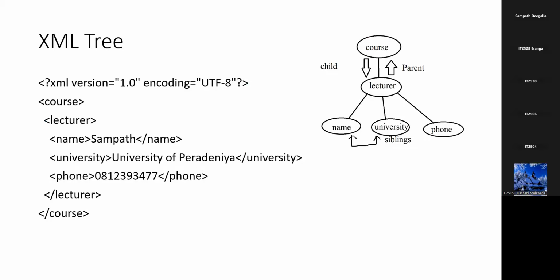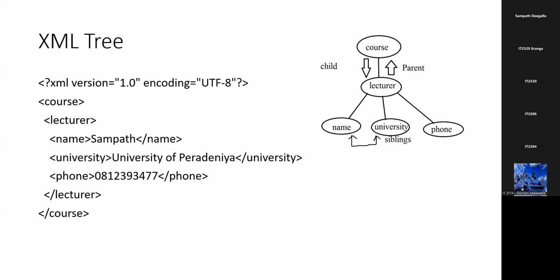Right. Now remember, when you are creating XML tags to store structured information, we normally use a hierarchical structure. We normally call it a tree structure, right? So you have a root element, right?